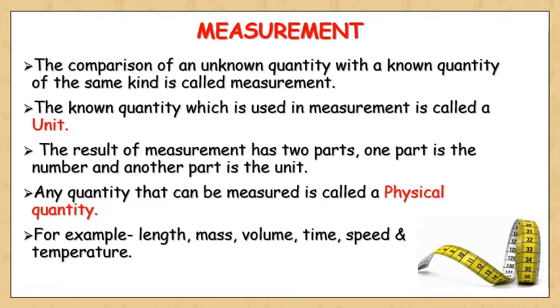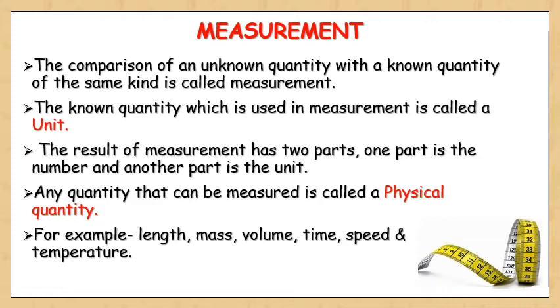And the known fixed quantity which is used in measurement is called a unit. Now quantities like length, weight, time, temperature and speed that can be measured are called physical quantities.